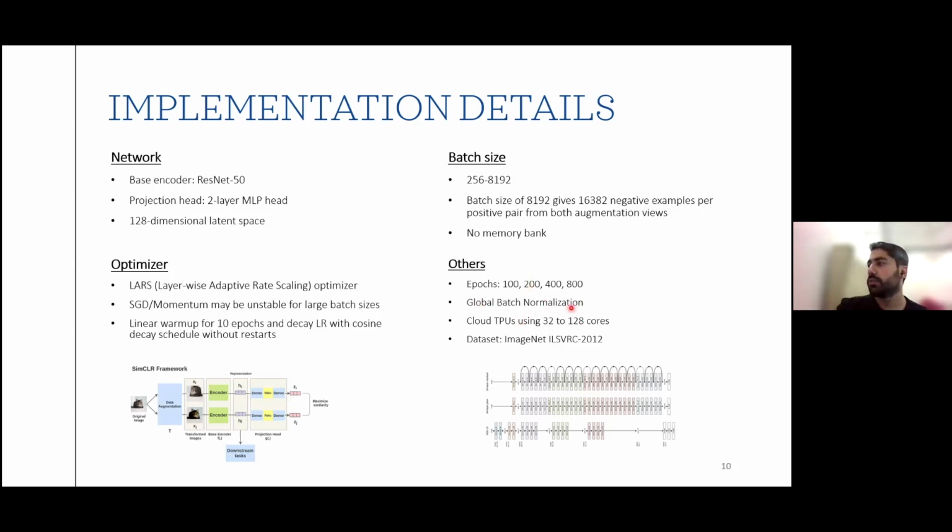So that was to make sure that there is no leakage of information in any of the GPUs. And then they used TPUs with 32 to 128 cores and a standard dataset of ImageNet.